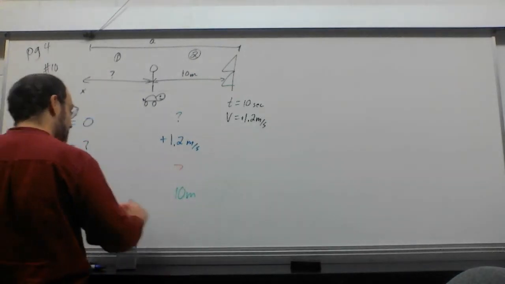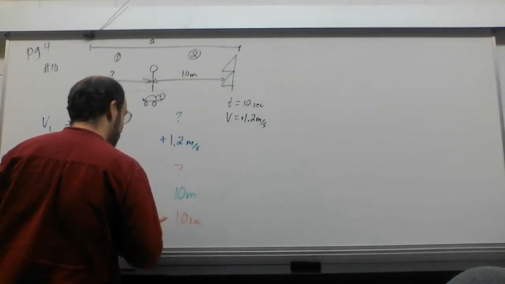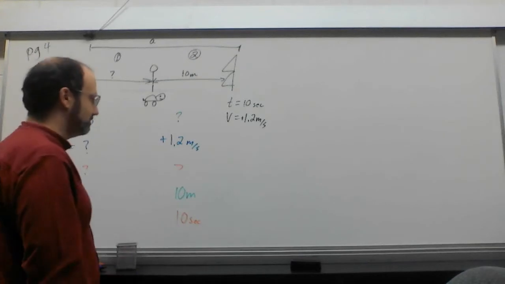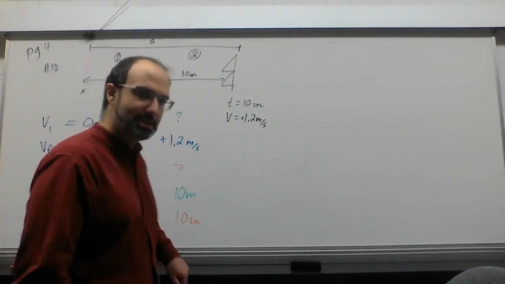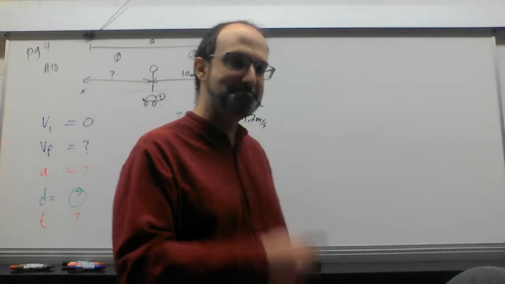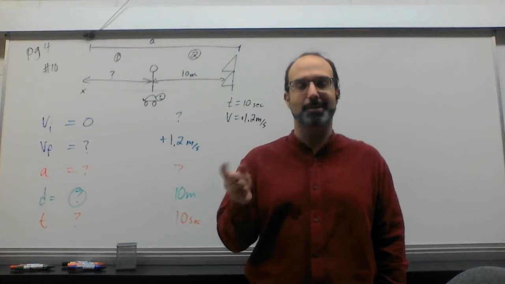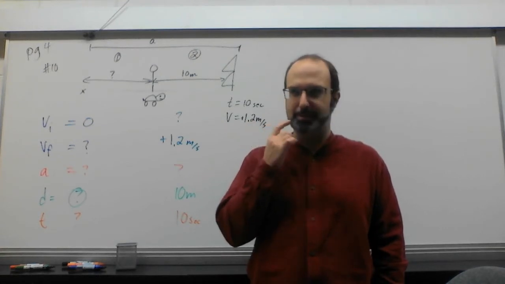And we have a time, 10 seconds. And look at that. We have 3 numbers. If we've got 3, we can find the missing 2. What are our missing 2? Velocity initial and acceleration.